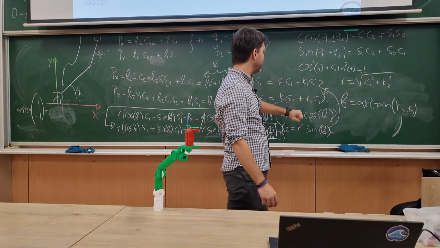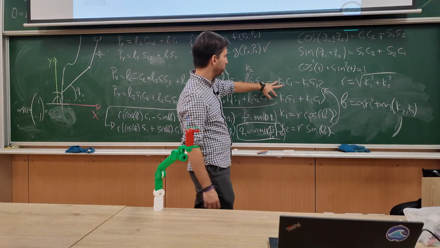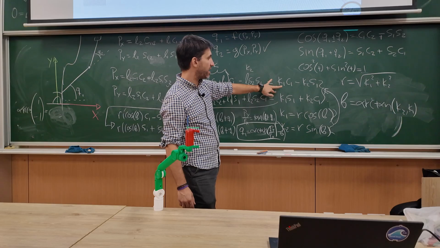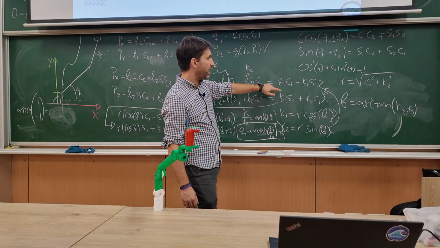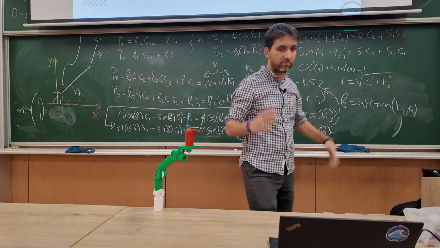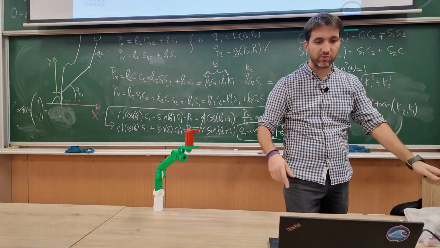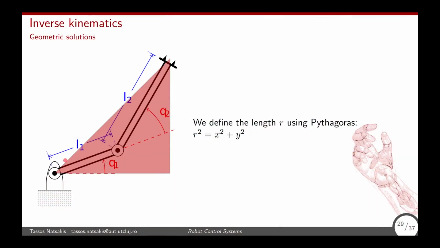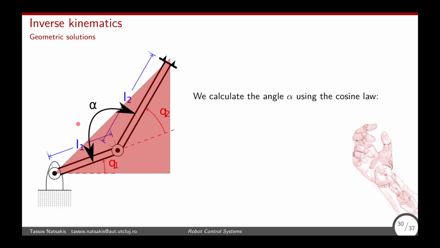You remember at some point when we were doing this and we squared and summed, we ended up with r squared. That's why I said things might make more sense when we see the graphical representation. This is the r squared, the same r squared here. Right, good. So that's one thing.